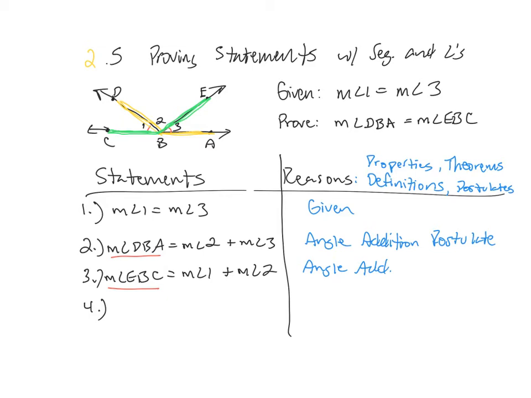So I'm going to do this 1 right here, I'm going to make a 3. So if I say measure angle EBC equals the measure of angle 3 plus the measure of angle 2. And why am I allowed to do that? The substitution property. I replaced one thing for another thing that's equal.